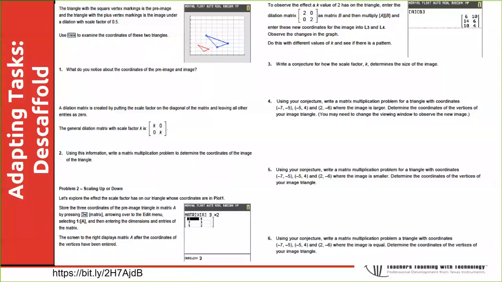And there was an additional application type problem after what I copied and pasted onto the screen. But between the two of us, we were thinking this is the major part of the activity that gets students to think about how a dilation matrix impacts the image and the pre-image.